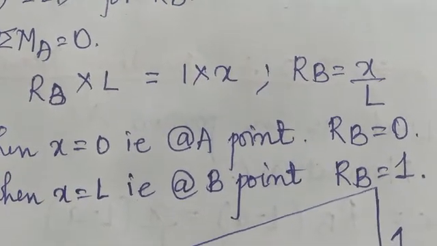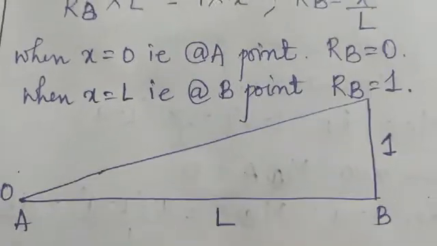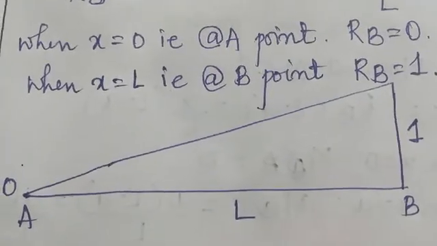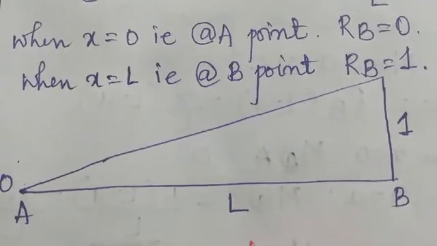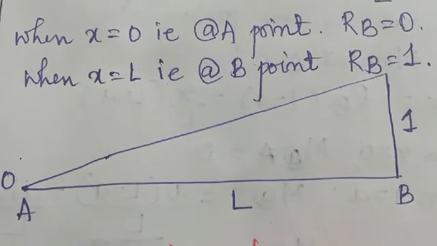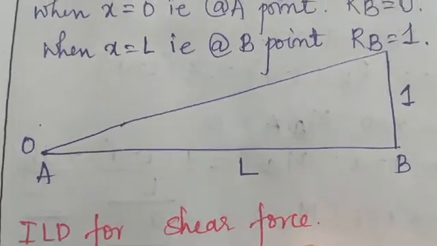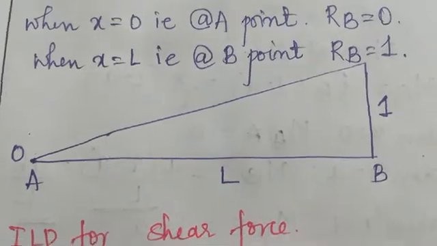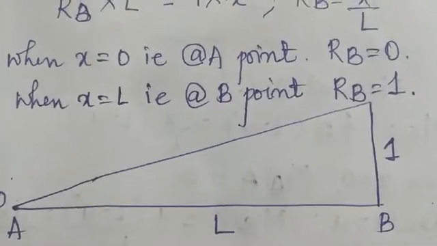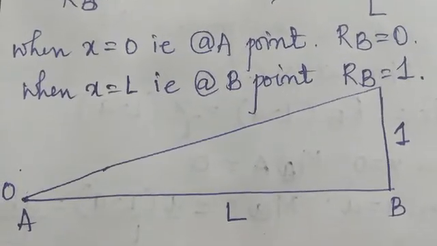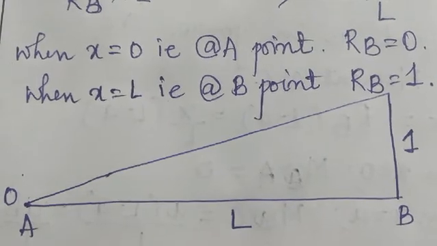If I plot this variation, I will get a triangular diagram. This diagram is called the influence line diagram for reaction RB.